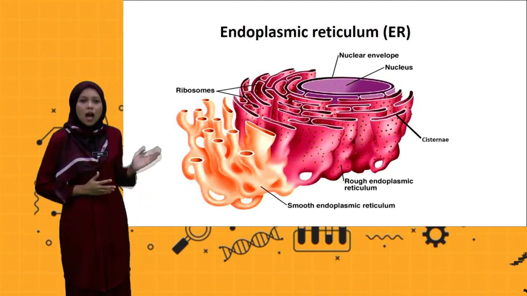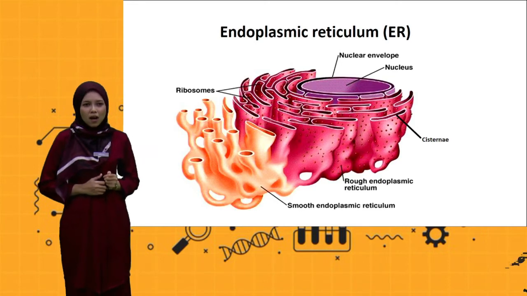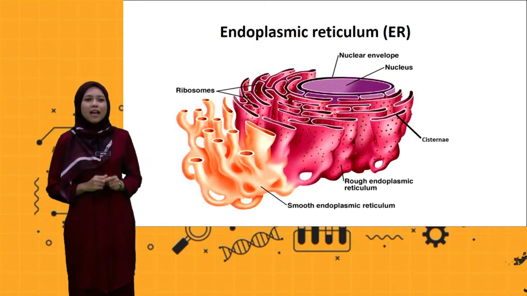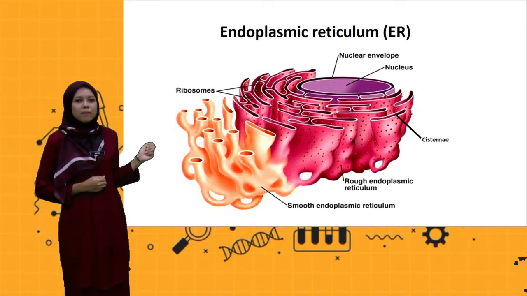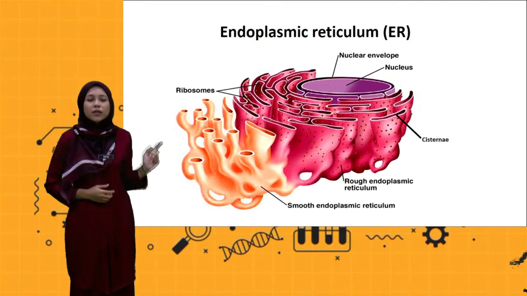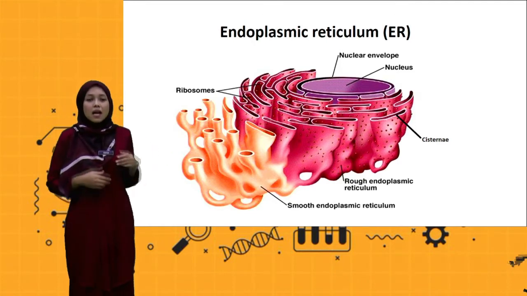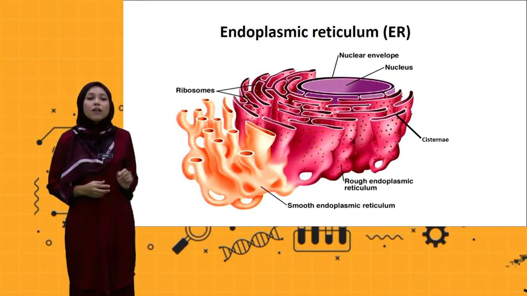They are rough endoplasmic reticulum or RER and smooth endoplasmic reticulum, which is SER. Look at the diagram, my student. Endoplasmic reticulum is always connected or continuous to the nuclear envelope.